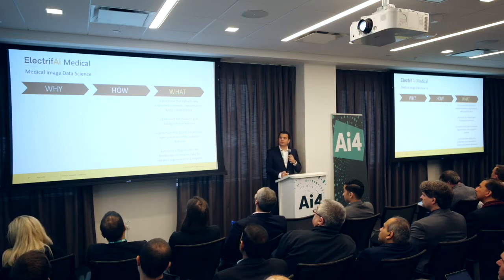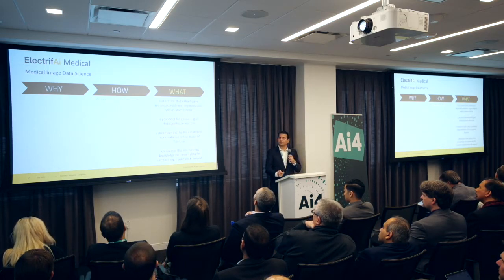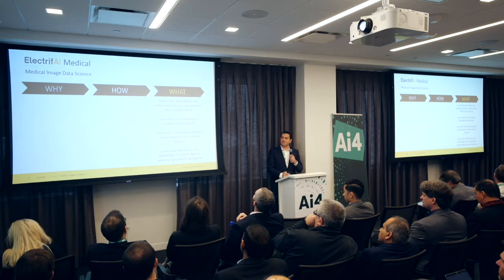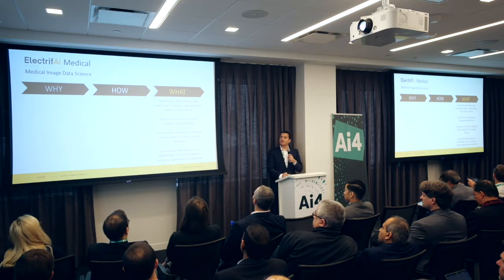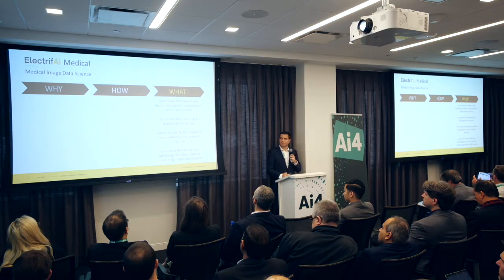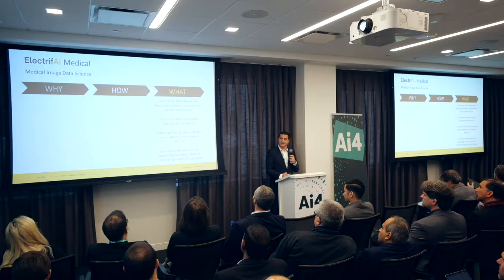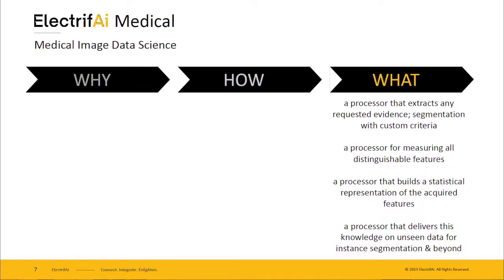So at the end of the day, what we're aiming at is to present a suite of tools that includes a processor that extracts any requested evidence, that is pretty much segmentation with custom criteria, a processor that measures all distinguishable features, and I'm making this remark because you might actually extract hundreds of features out of images. The question is which ones are relevant to the condition you're trying to analyze.